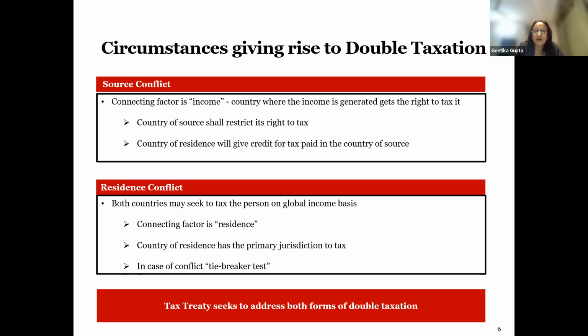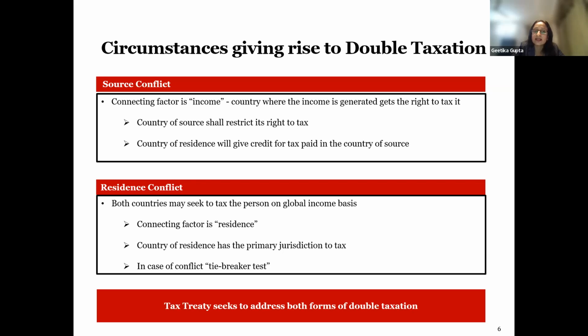So the concept of the source and the residence prevailing in the majority of the countries is the root cause of double taxation. And in order to overcome this impact of double taxation, the countries enter into bilateral treaties, which are also known as double taxation avoidance agreements, which is basically to allocate the taxing rights so that the income may be taxed only in one country and exempt in the other country.